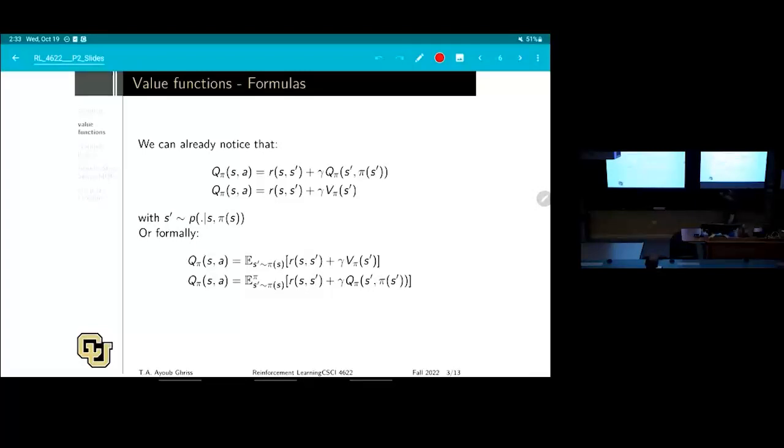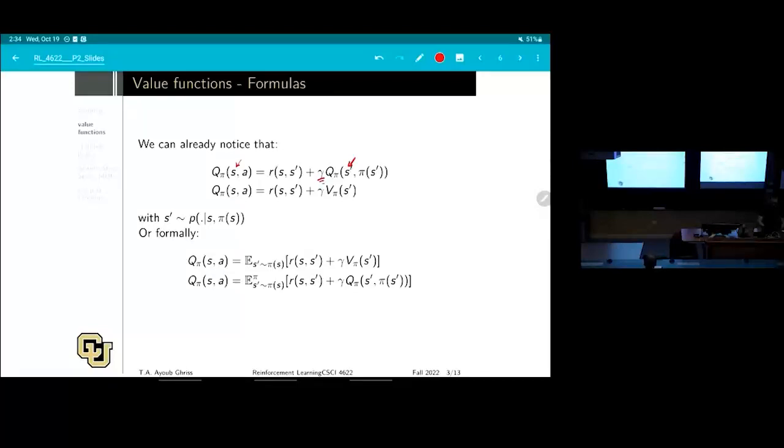The last thing we mentioned last time was the Bellman equations. It's more like dynamic programming, because there's a relationship between Q at S, A and Q at the next state. And here there's a factor gamma.